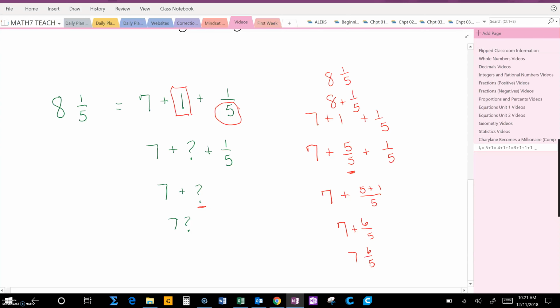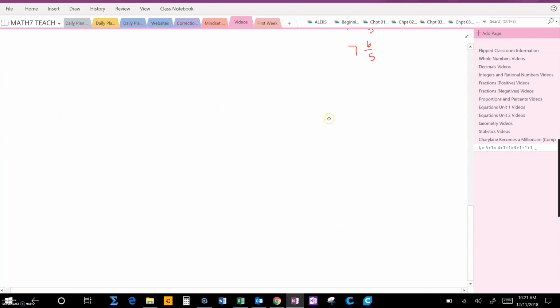Let's try another one. This time, let's try 4 and 2/7.